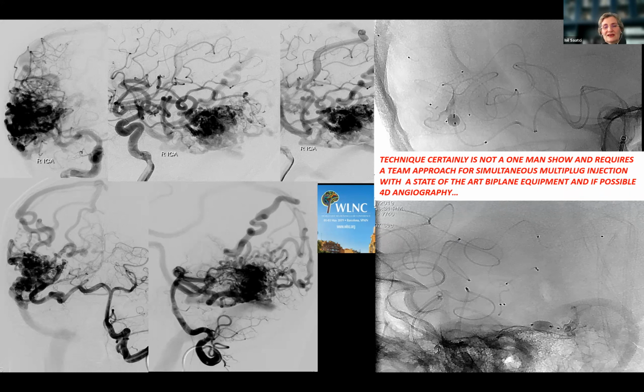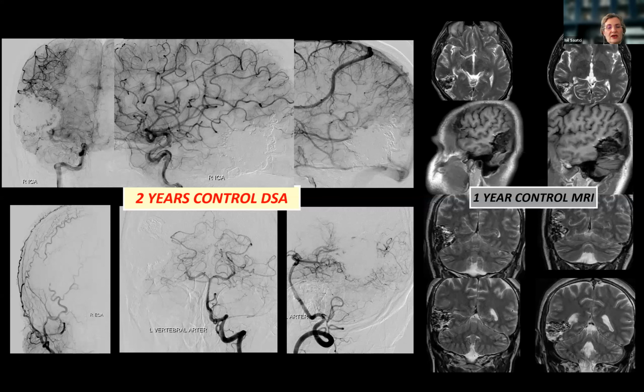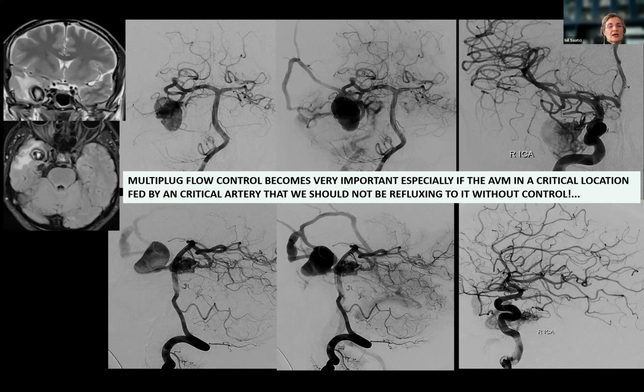So you have to be a team for simultaneous multi-plug injection. But it gives you very good control. And with 4 catheters at a time, 3 in the MCA, 1 in the PCA temporal pedicles, we were able to finish this AVM, and 2 years control with the MRI as well.